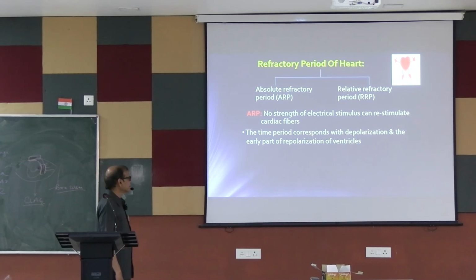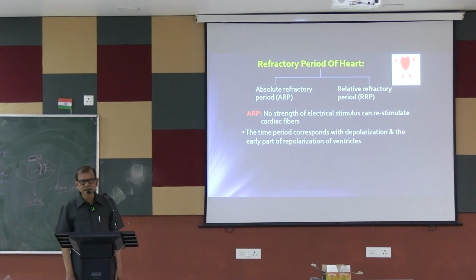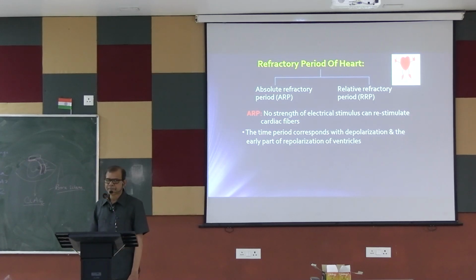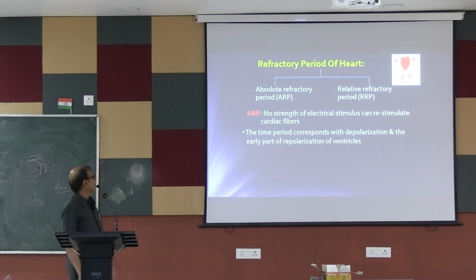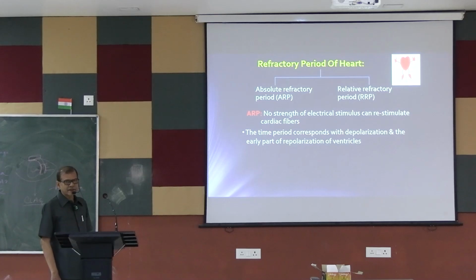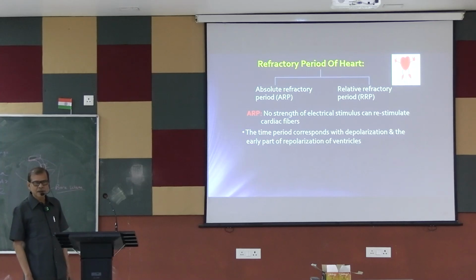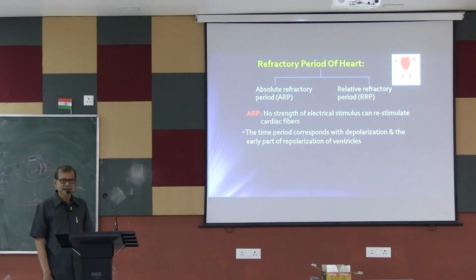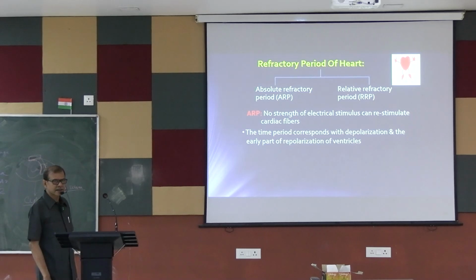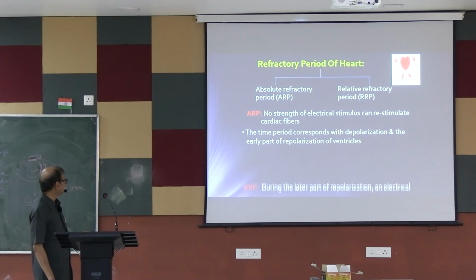The time period corresponds with depolarization and the early part of repolarization. This is the absolute refractory period. No electrical stimulus, irrespective of its strength, can excite or stimulate the cardiac fibers. Then the relative refractory period.